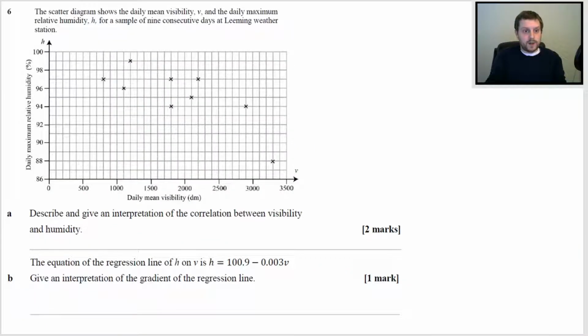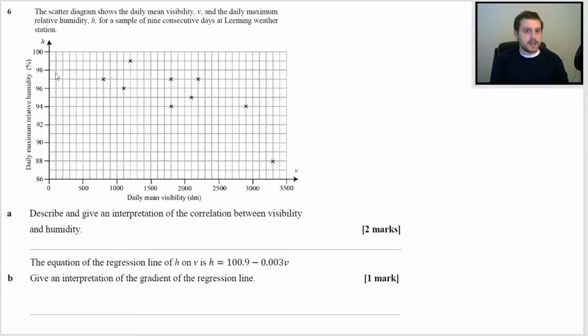Right, briefly, number 6. It's a negative correlation. Visibility increases as humidity decreases, or you could say it the other way around. It's fine. The interpretation of the gradient of the regression line means to put it into some context. If it was time and distance, what would the gradient mean?